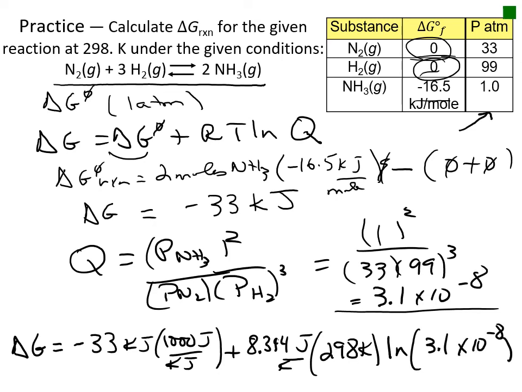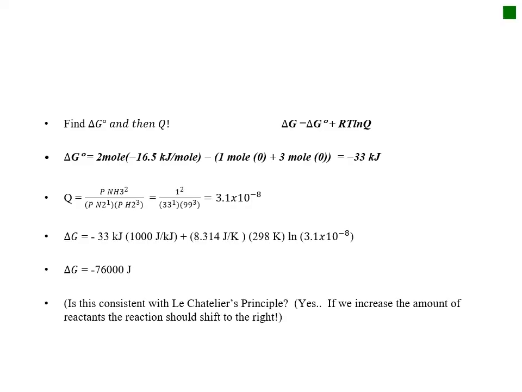When we plug all of this in, we are going to get that our delta G for this is going to be a value of minus 76,000 joules.